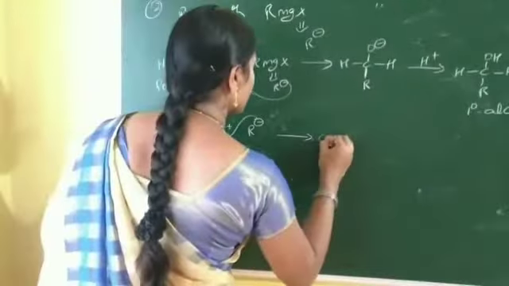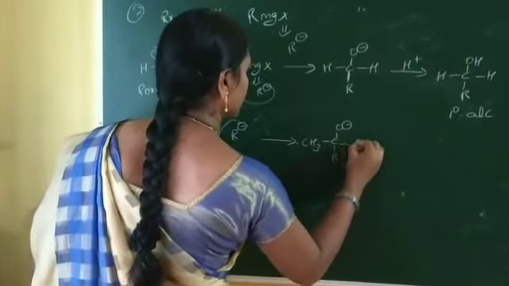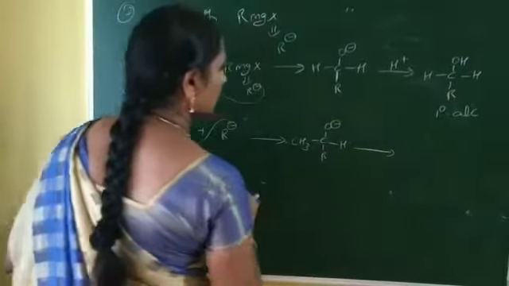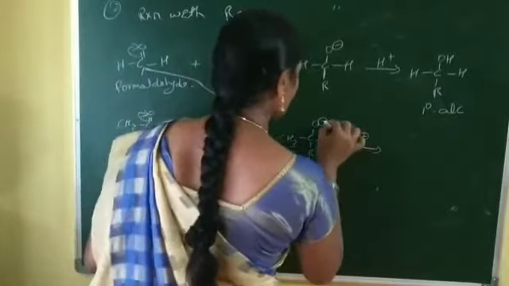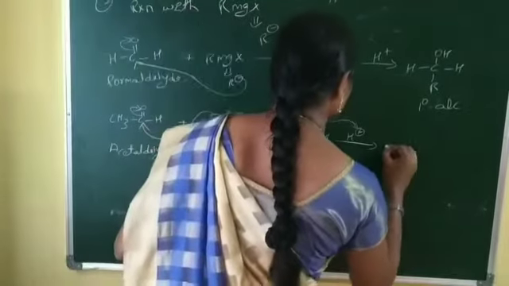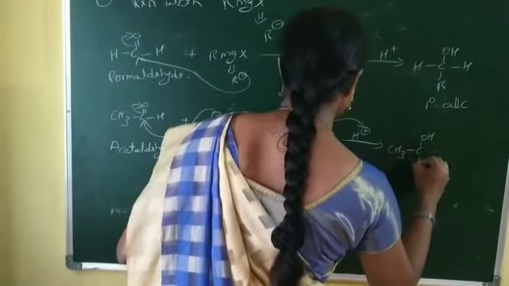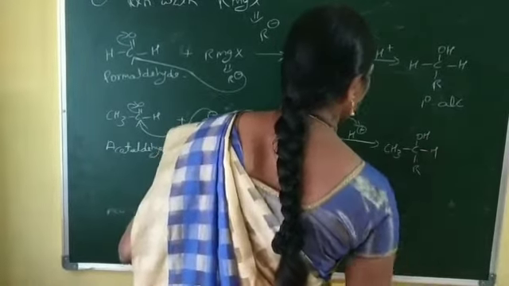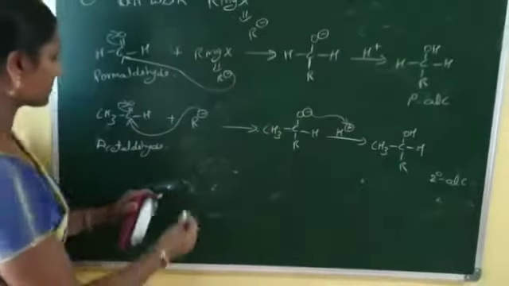You observe the oxyanion. Now this oxyanion is treated with an electrophile like H plus. This O minus abstracts this H plus to form OH. The product is CH3, C, OH, and again R and H. Now this alcohol is a secondary alcohol.